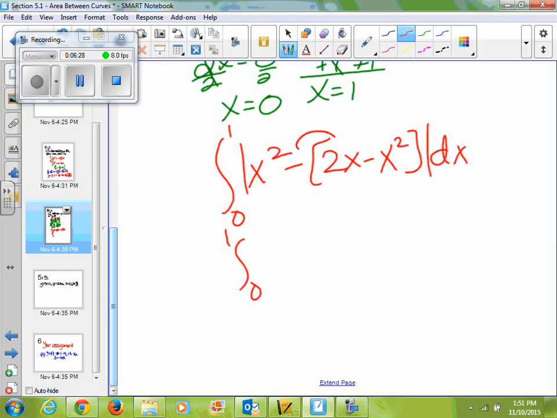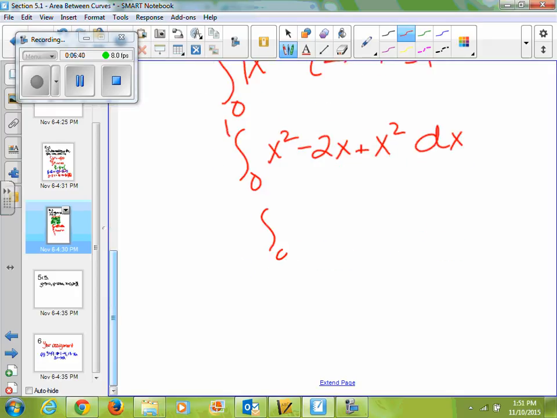If I distribute my minus sign, then I get x squared minus 2x plus x squared dx. And if I combine my like terms, then I would get 2x squared minus 2x dx.